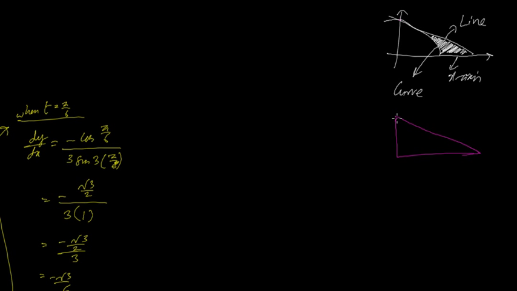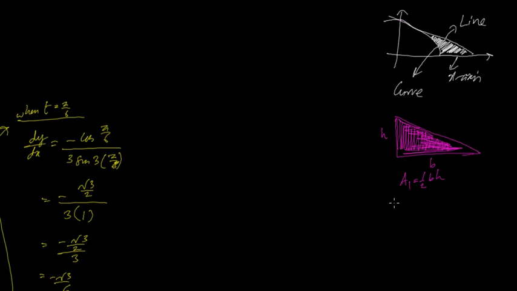If we find the area of this triangle, we don't have to do integration, we can use geometry. If you know the base and the height, the area is half into base into height. Let me call this area 1.